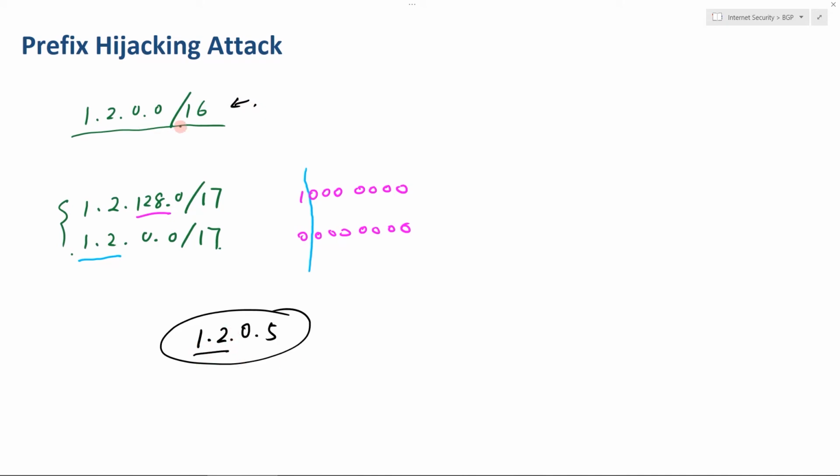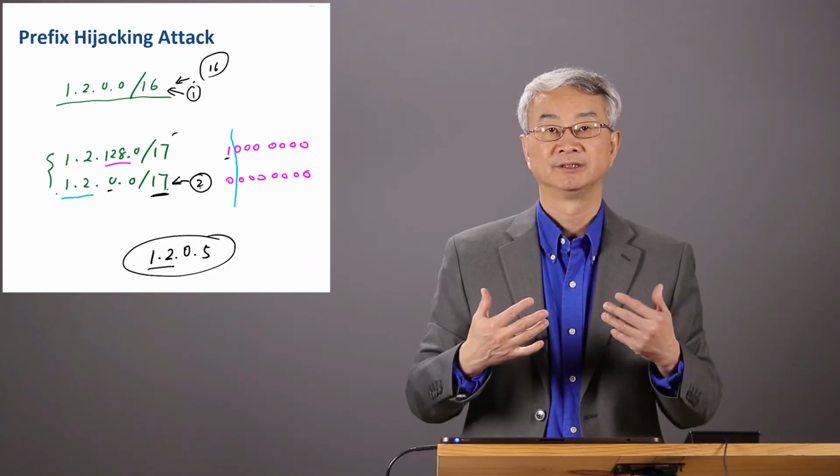It's also going to match with this one, because there's a 0 here, and so that's 17 bits of match. It's not going to match with this one because this bit says 1, but you have a 0 here. So the first match is here, the second match is here. So you have two matches.